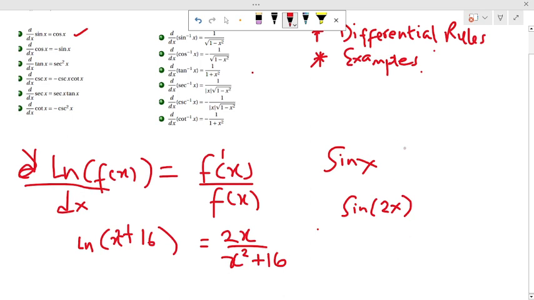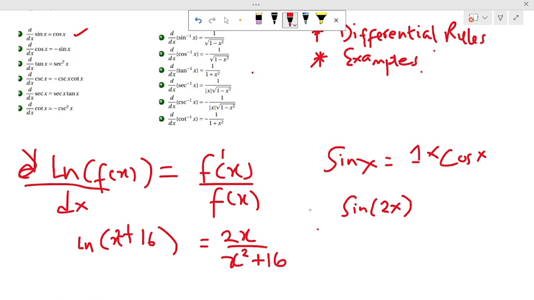The reason why for this we had cos x was that the coefficient of x was 1. So we represented this as 1 times cos 1x. Because 1 times cos is the same as cos, you just write it like that.